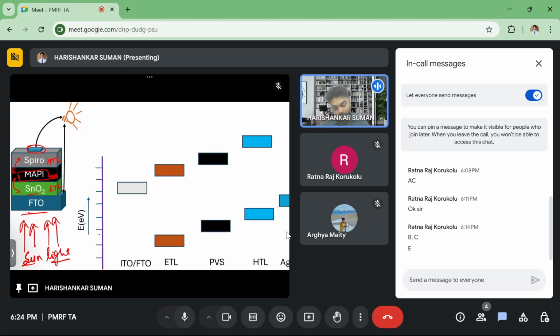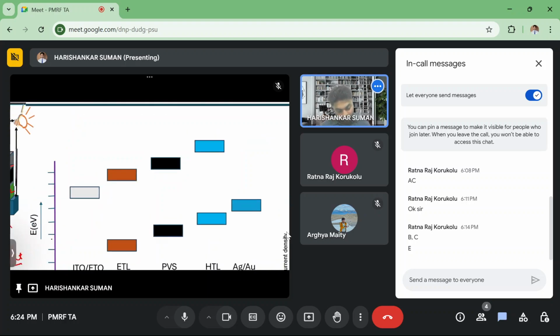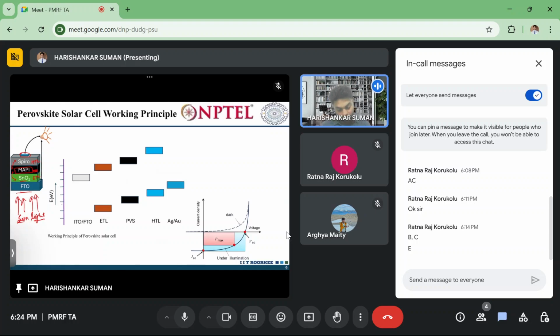They are transferred. So let's check how. This is the electron transport layer. These are the conduction band and these are the valence band, and this is the metal.